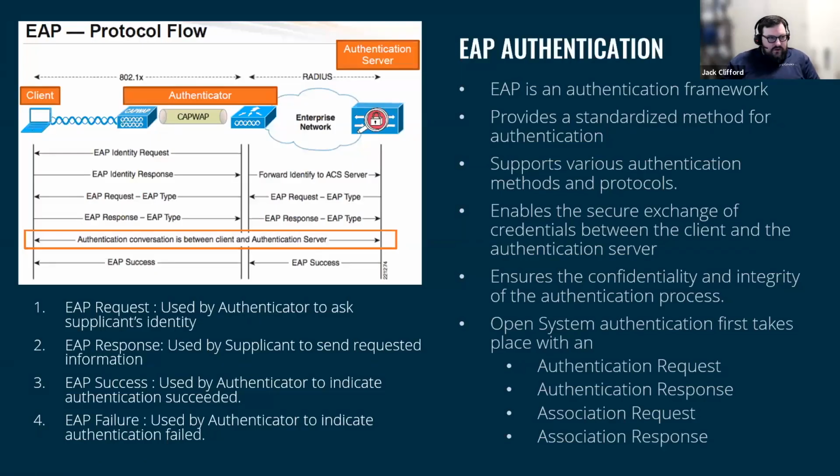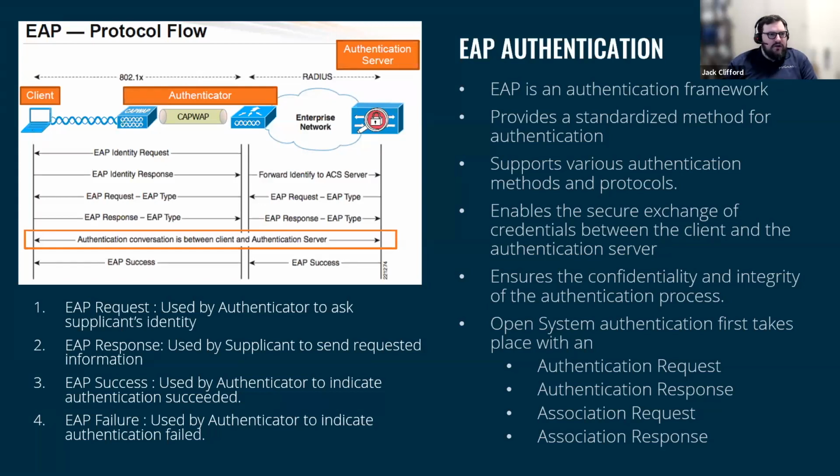So here's a high-level overview of how EAP works, just in general. From left to right, the client will authenticate to the network via open authentication, connecting to your AP.